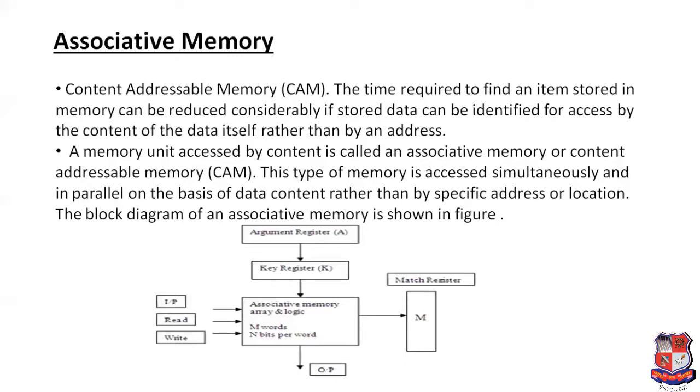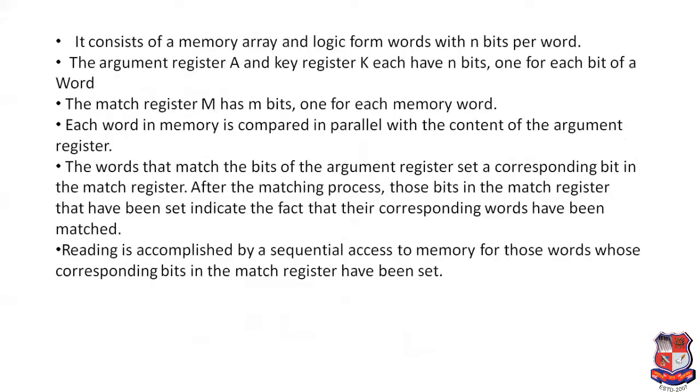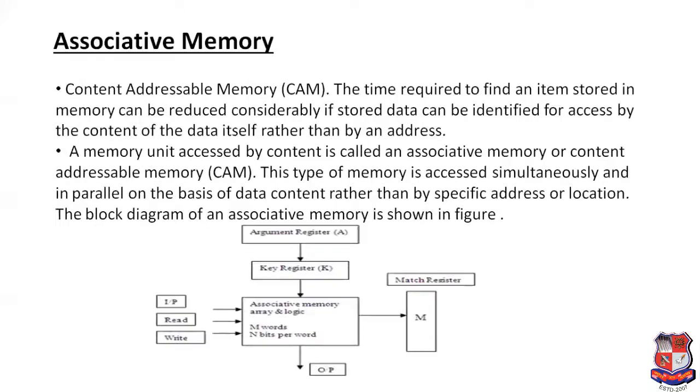A memory unit accessed by content is called an associative memory or content addressable memory, that is CAM. This type of memory is accessed simultaneously and in parallel on the basis of data content rather than by a specific address or location. The block diagram of an associative memory is shown in the figure.